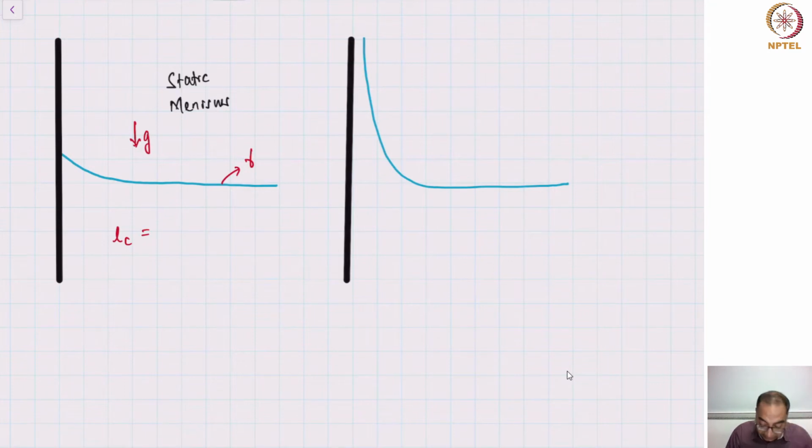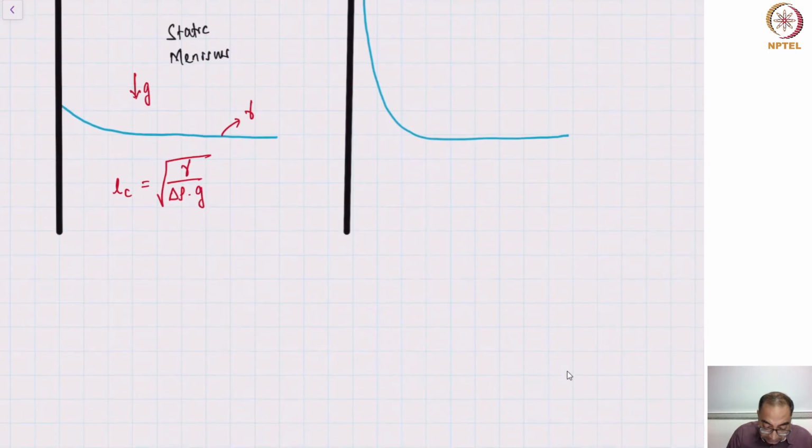This is called the capillary length, and it is given by the square root of surface tension divided by the density difference delta rho times gravity. For air-water, we know that the capillary length is approximately 2.7 millimeters. We'll come back to this number later.